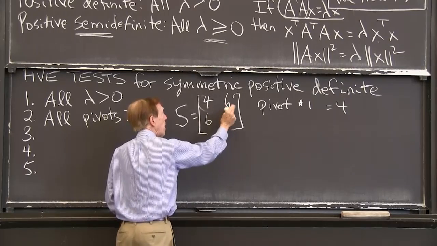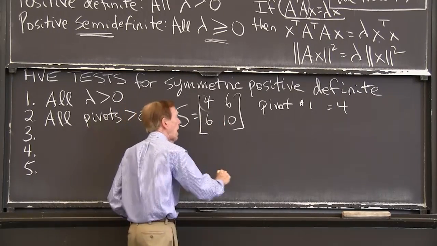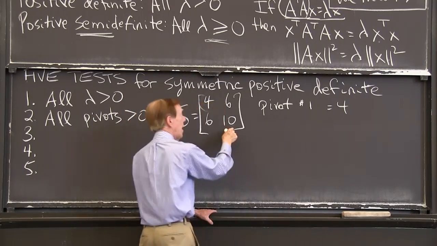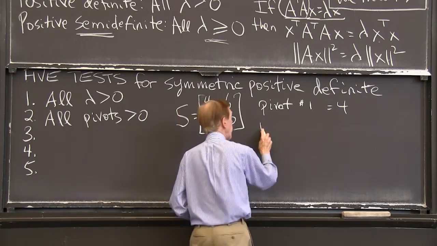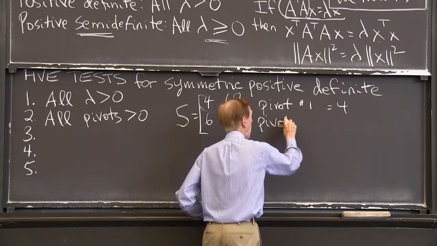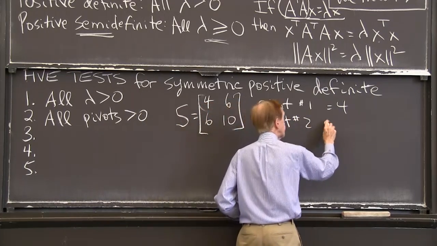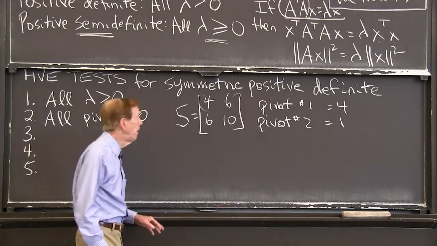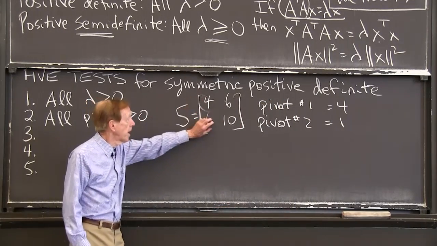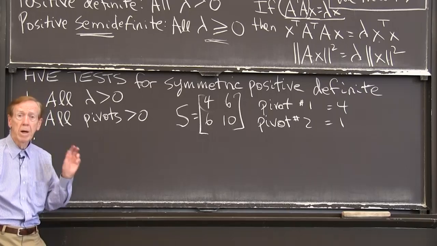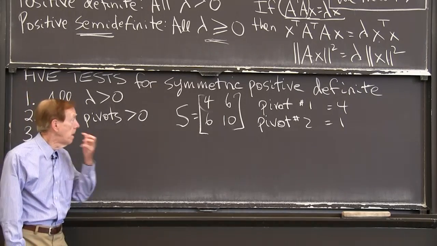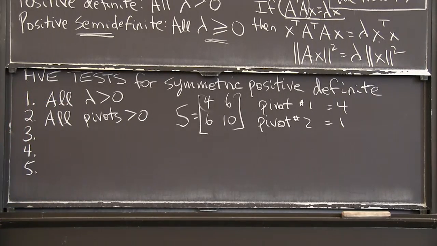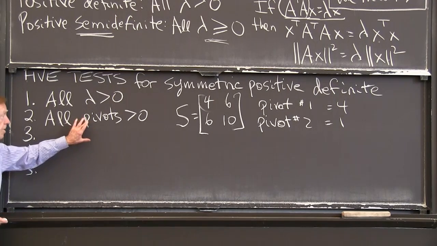I multiply that by 1.5, 6, 9, subtract from 6, 10. So I actually get a 1 down there. So pivot number 2 is a 1 in that case, right? 6, 9 taken away from 6, 10 leaves me 0, 1. Okay, it passed the pivot test. Notice I didn't compute the eigenvalues. I'm just doing other tests.